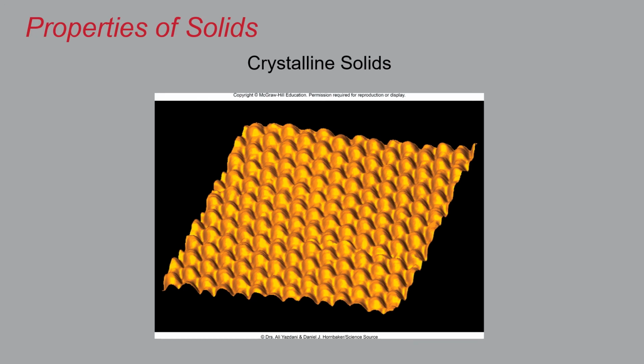So this is an example of how regular an array is. This is an electron microscope picture of a piece of gold. And each little dimple here represents an atom. And you can clearly see how regularly they are arranged. If you look carefully enough, you can see that these are rows that are somewhat staggered. The other thing that I want you to be aware of is the actual shape to look at in here.